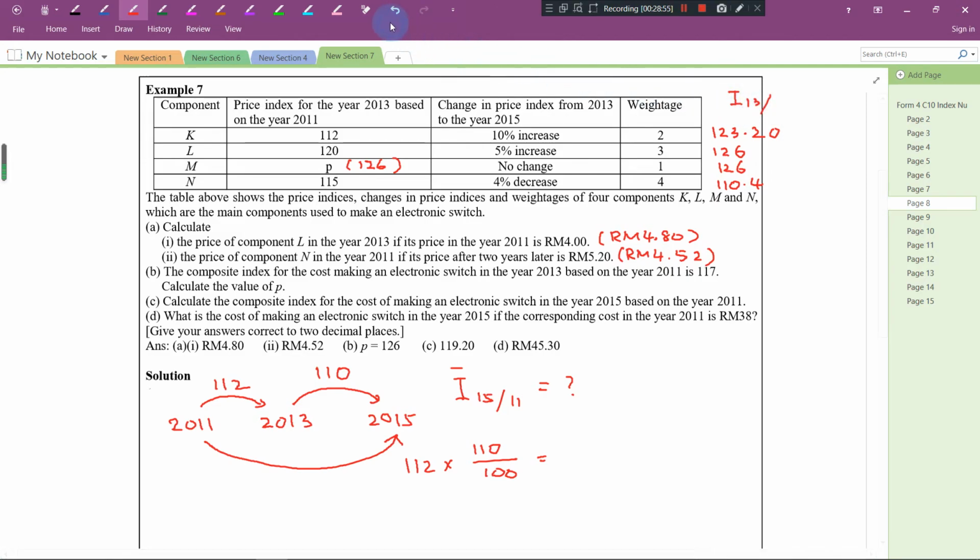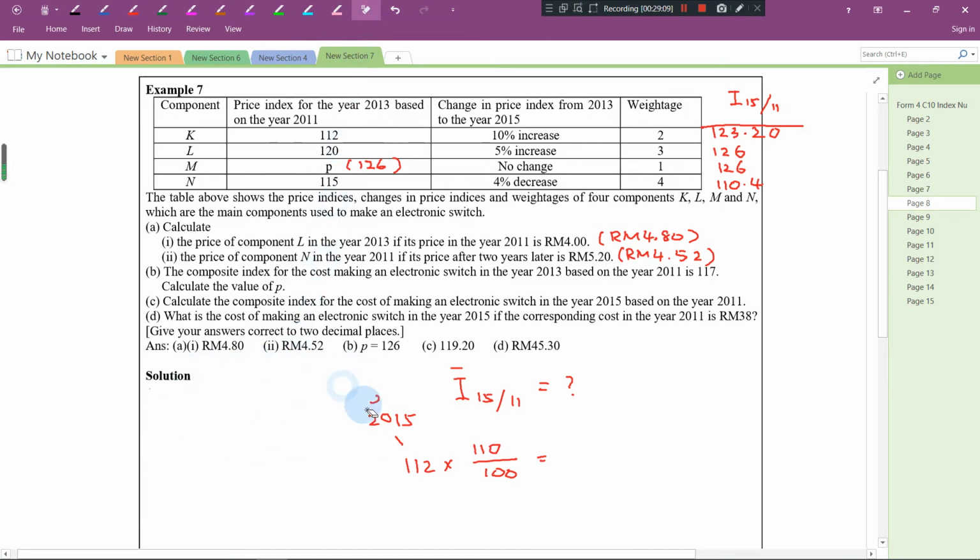Oh, sorry, this is 2015 based on the year 2011. Now it should be no problem for us to get the composite index. Sorry, I'm a little bit blur now.